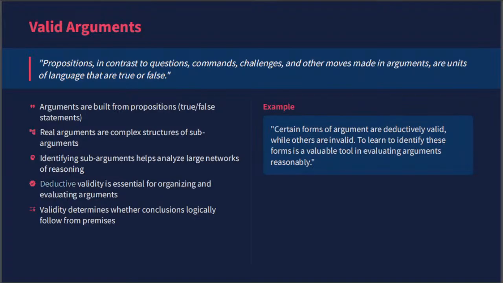Deductive validity, which is what we're going to be focusing on here, determines whether conclusions logically flow from premises. Whether the argument would be true or valid depends upon two different things: the structure or the underlying propositions. So let's continue.